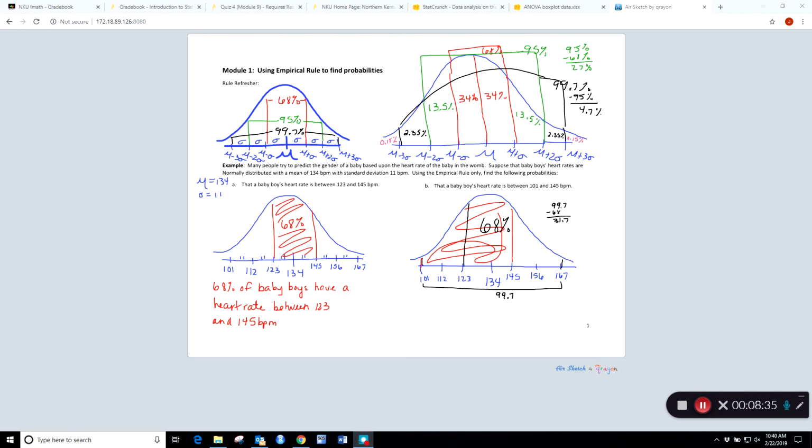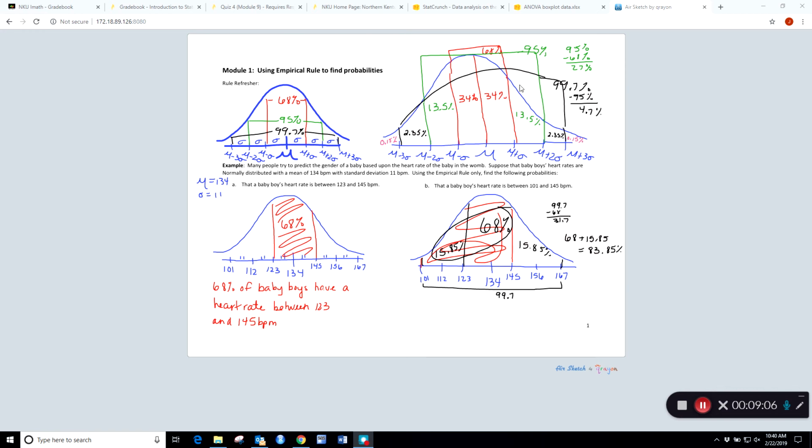So if I divide that by 2, I get 15.85% for each piece here. And the ones I want are just the ones that are shaded. So if I take that 68 plus my 15.85, I'm going to get 83.85%.